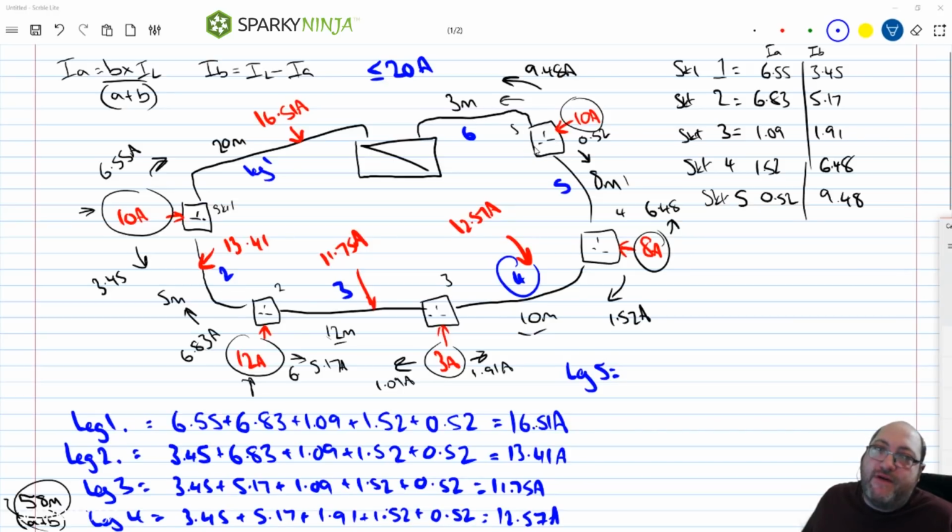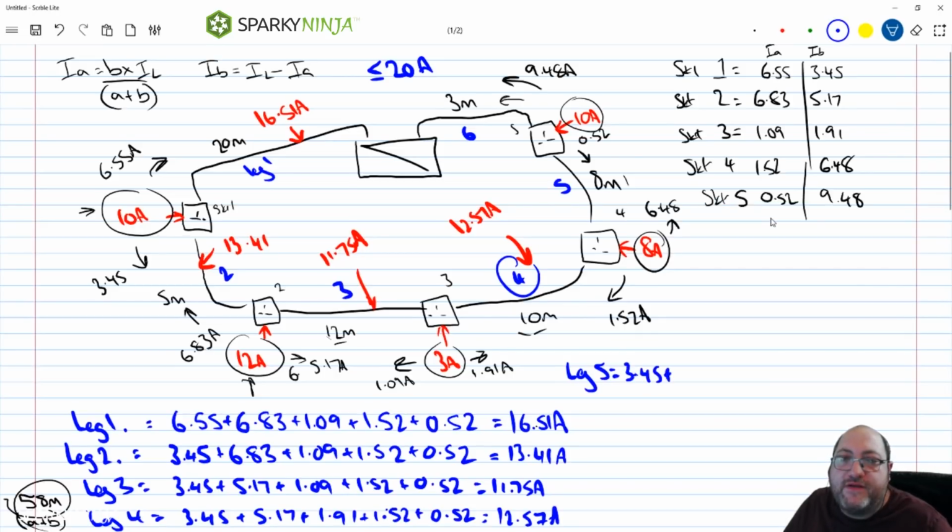Only socket 5 is pulling this way. So I'm going to use all the IBs except for the last one where I'll still use 0.52. So 3.45 plus 5.17 plus 1.91 plus 6.48 plus 0.52.